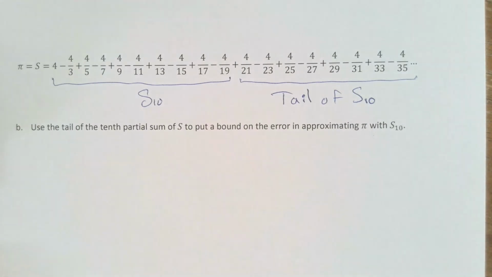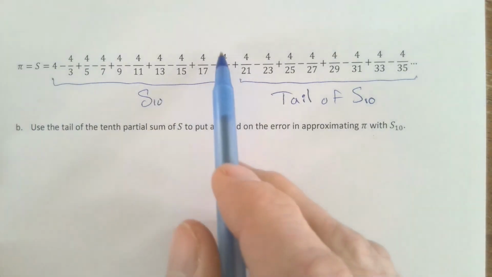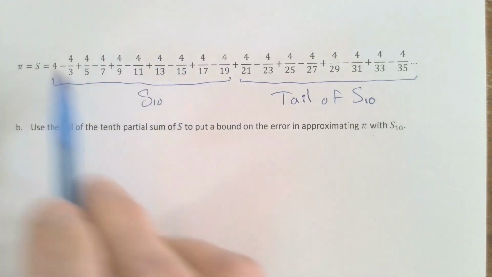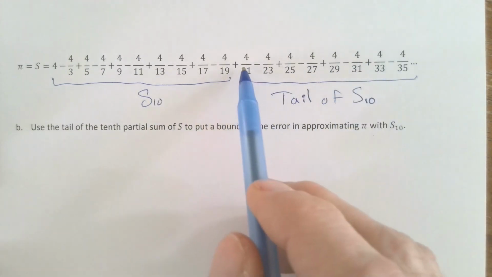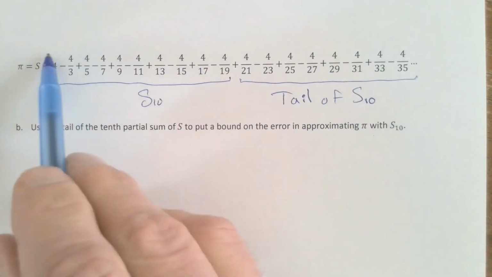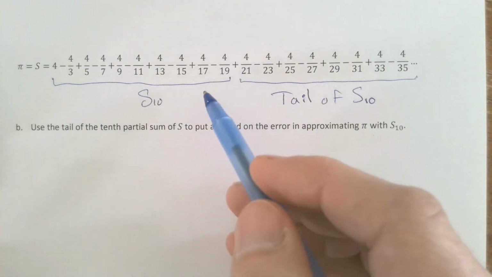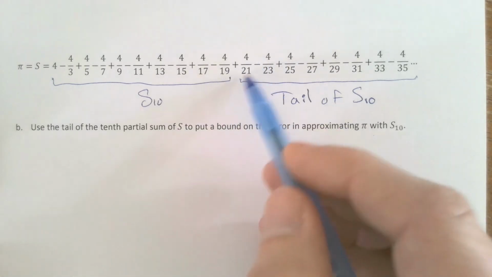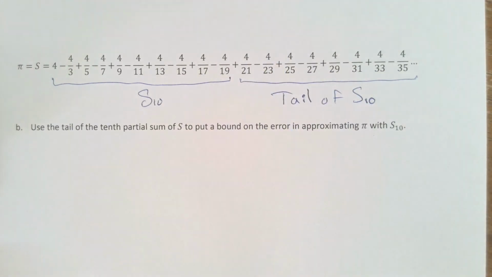So when we talk about error in trying to calculate pi with only these 10 terms, this can't equal pi because you didn't count all this stuff. And you can also know that this is smaller than pi for 2 reasons. The last thing we did is subtract. That pulls us down below the limit, and the limit is pi. And then over here, the first term of the tail is positive. And so the tail converges to a positive number somewhere between 0 and 4/21.